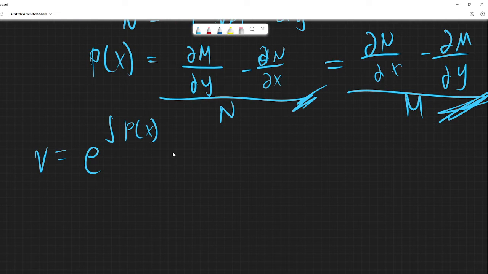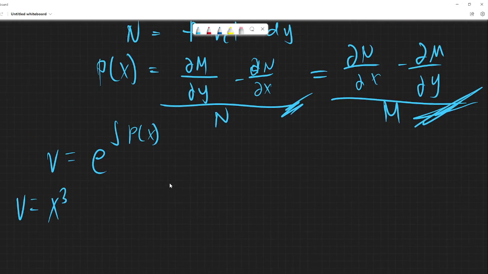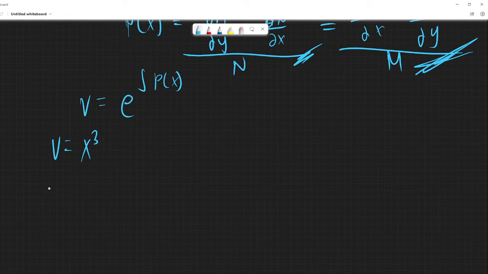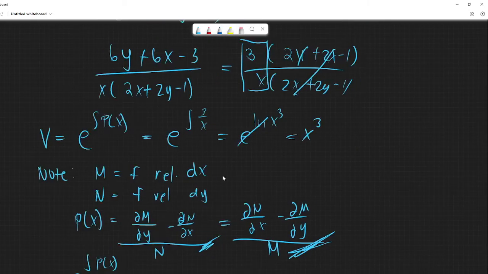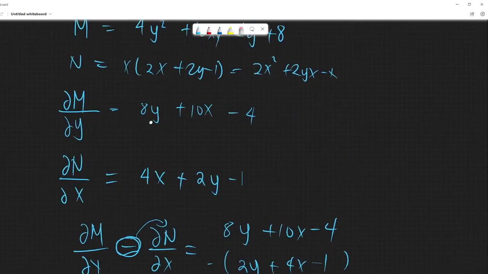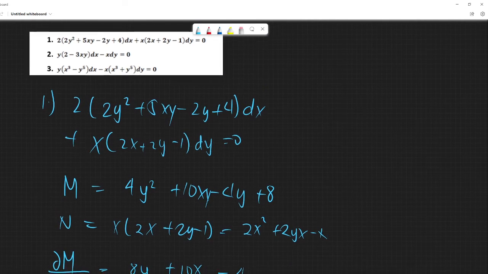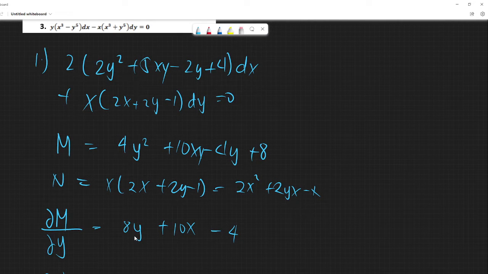So since we have the integrating factor equal to x cubed, our function is represented as: let me just copy this.